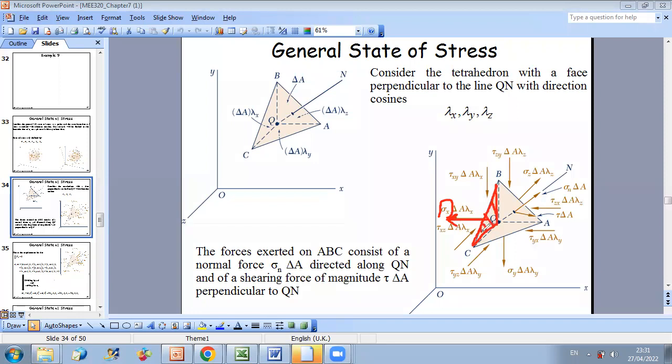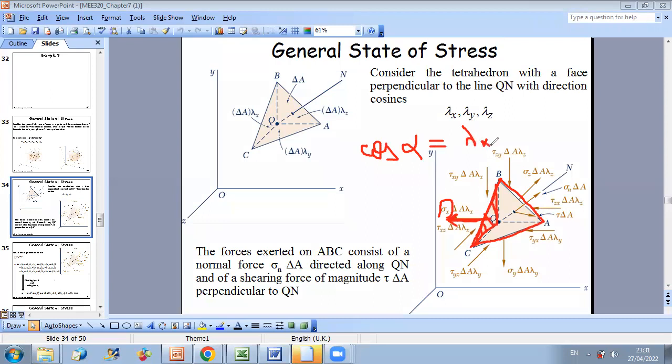Now to calculate this area, we have the angle between the area of ABC and x-axis equal to a certain angle alpha, in a way that cosine alpha equals the direction cosine lambda x.